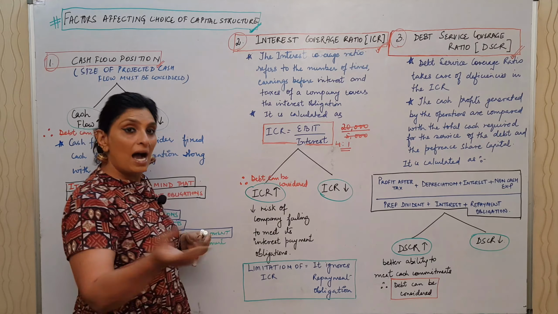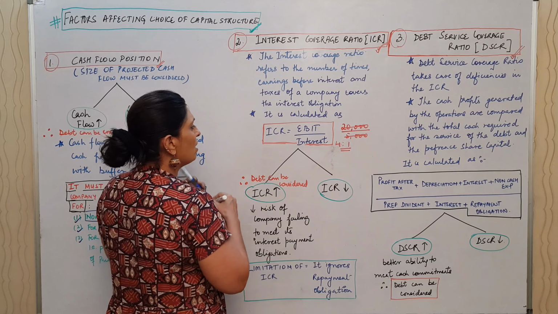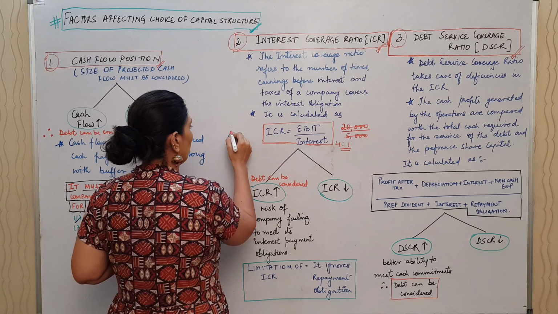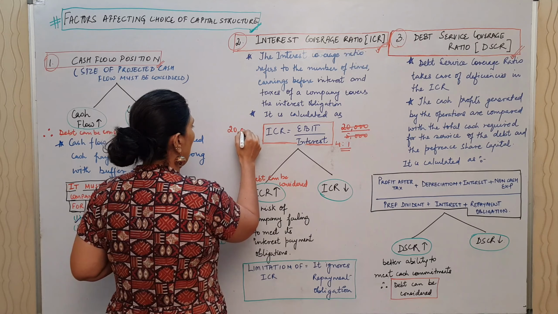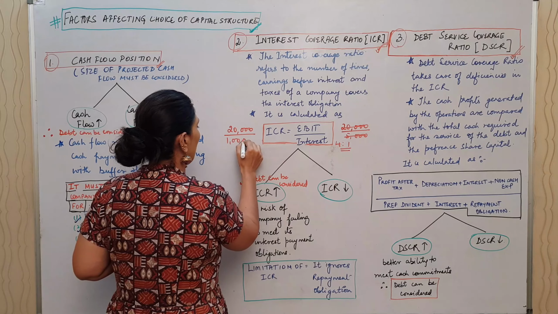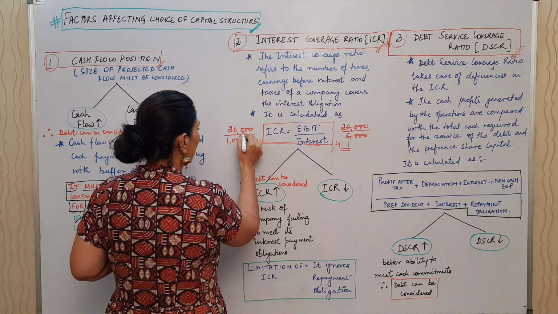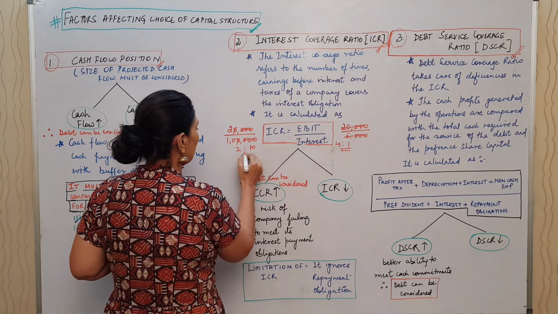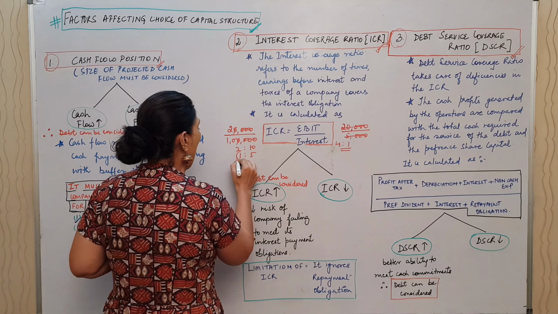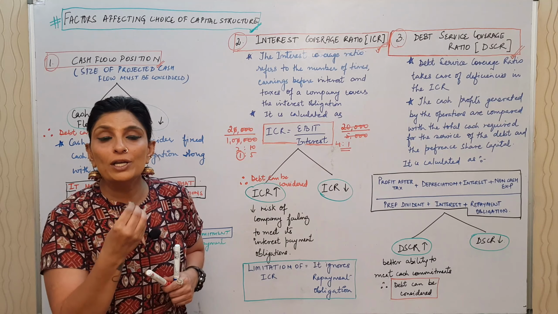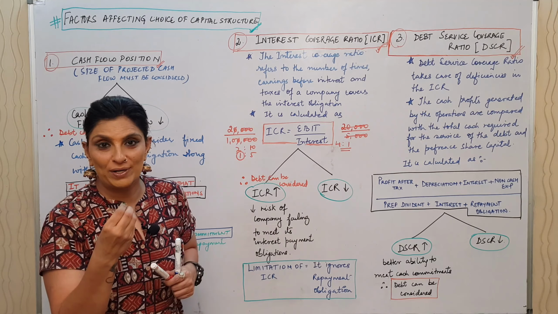Let's consider another situation. Suppose earning before interest and taxes is 20,000 and you have to pay interest of 1 lakh. Let's consider the ratio: 2 is to 10, 1 is to 5. Out of 1 rupee of earning, how will you pay 5 rupees as interest?